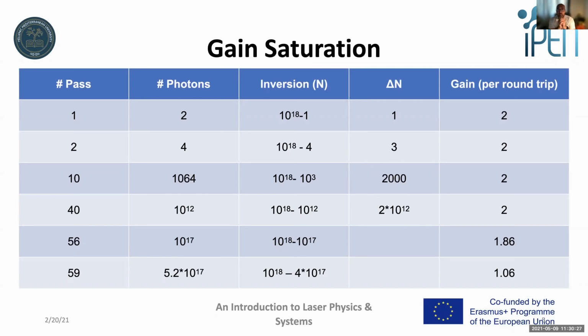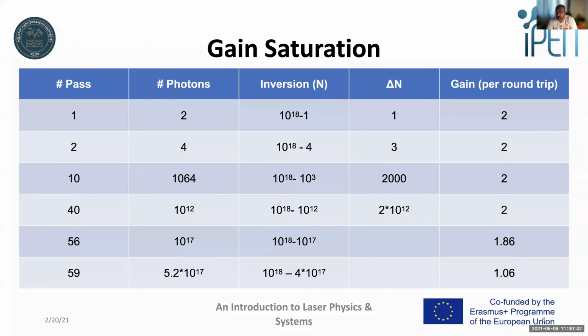And the lower population inversion is reflected as the lowering of our gain. So very fast, we start from a very high gain to a gain close to threshold.